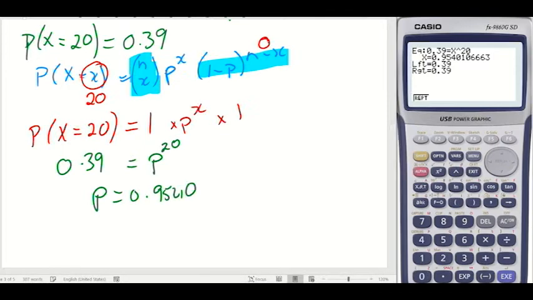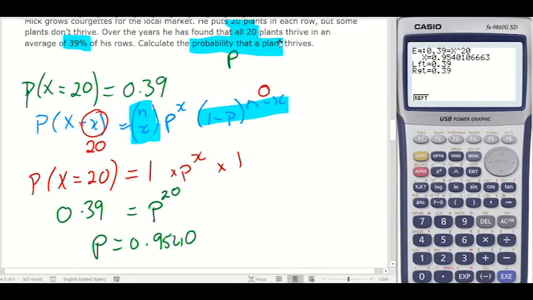So that would be the probability, and the question asked, calculate the probability that a plant thrives. There's a 95% chance that a single plant will thrive, and there's a 39% chance that all 20 plants will thrive. So notice that we're looking for that difference between a single plant and a group of plants.